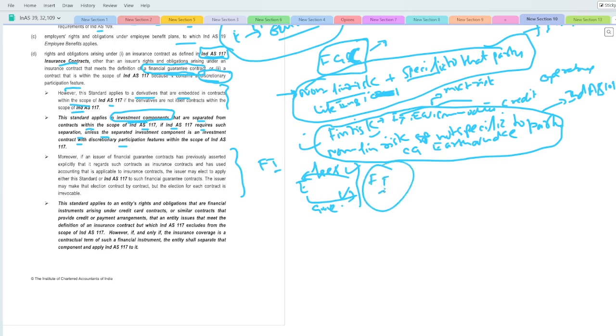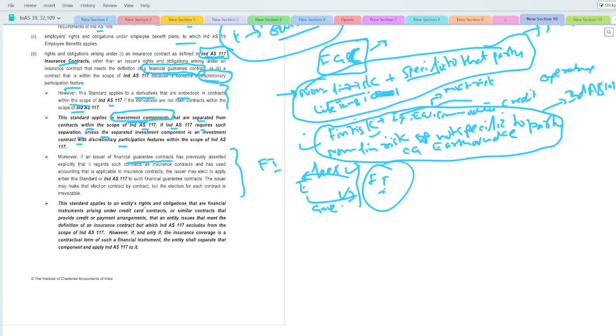So first this financial instrument, then you're scoping out, and it depends. For the financial guarantee contract, you have a special provision that if you are accounting for it as an insurance contract, then you have the flexibility to go for either Ind AS 109 or 117.